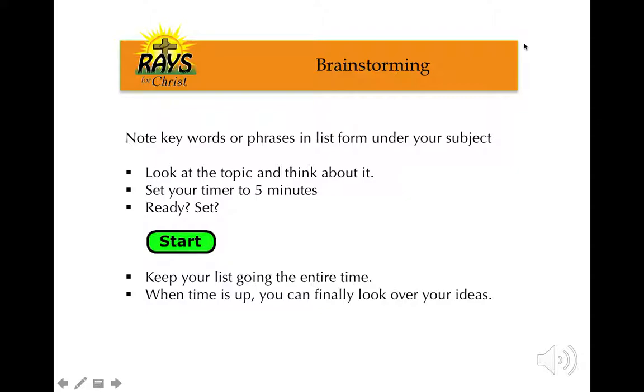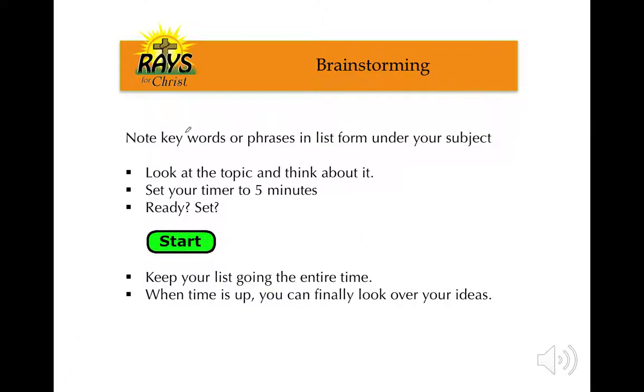Okay, now that you've done that, the other thing you could do, let's say you don't have free writing time, is you could just brainstorm. And how do you brainstorm? I know all of you have heard that, but how do you brainstorm to write?